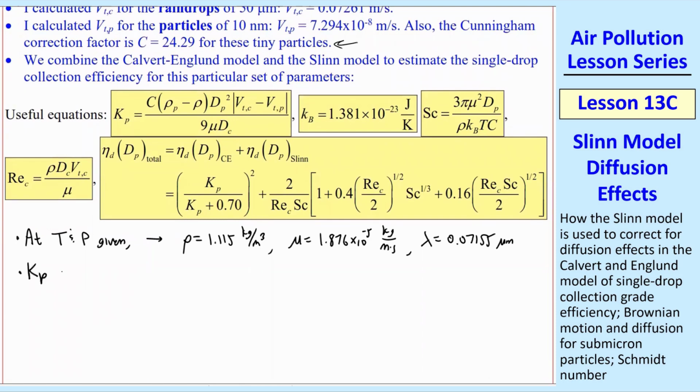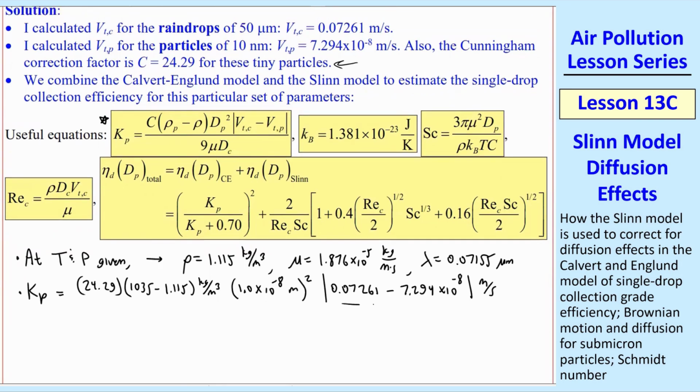Next, I calculated Kp from the equation up here. I'll plug in the numbers. Remember, that C is for the particle. Difference between rho p and rho of the air. When you do the conversion, 10 nanometers is 1 times 10 to the minus 8th meters, and that's squared. And then the absolute value of the difference in speeds, the collector speed minus particle speed. You can see that this guy is negligible compared to this guy.